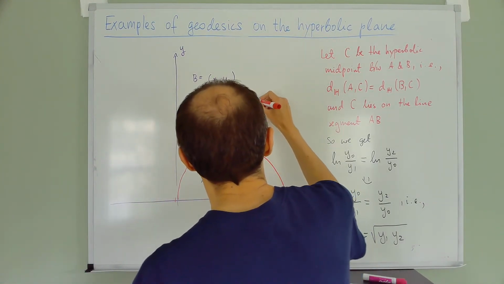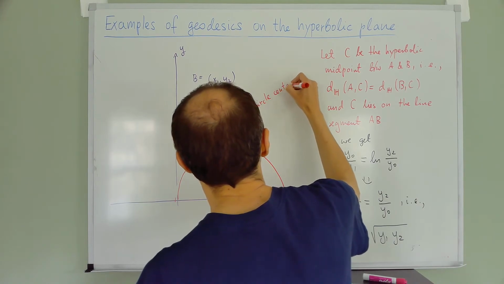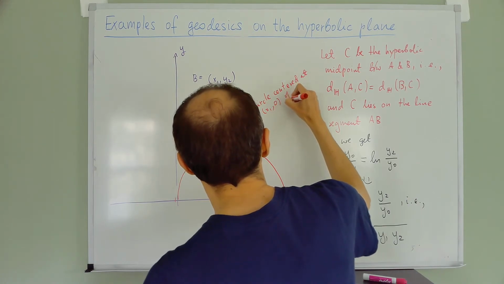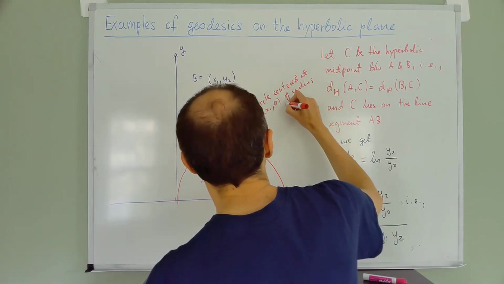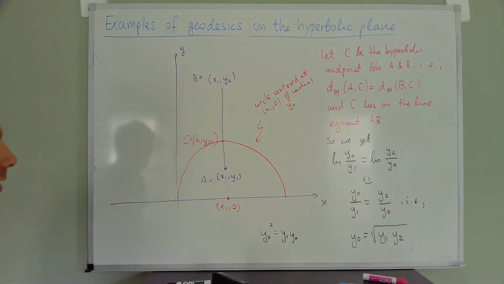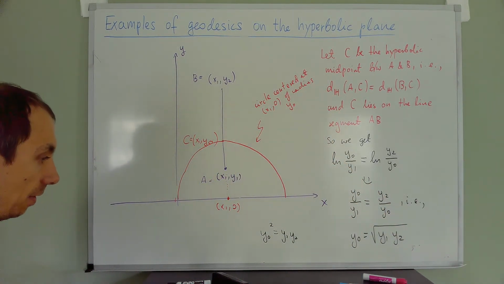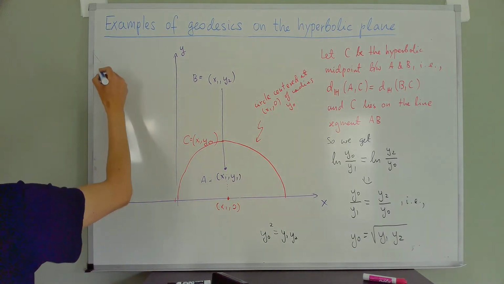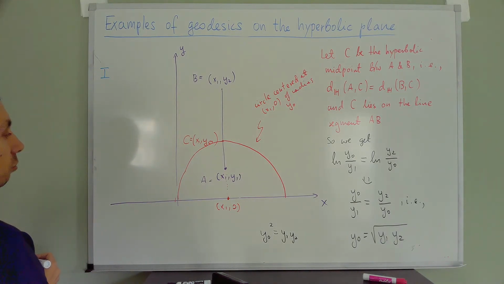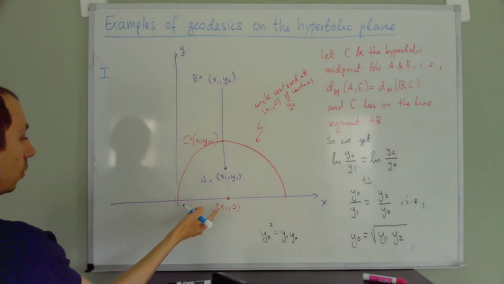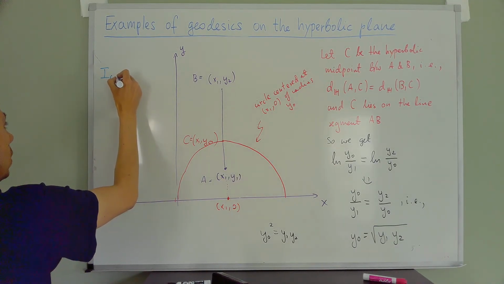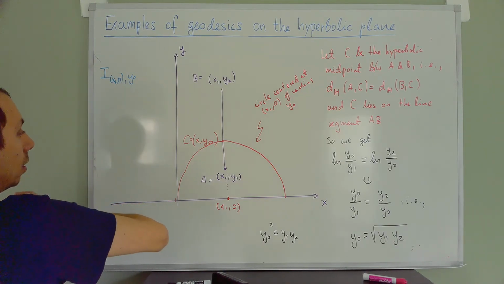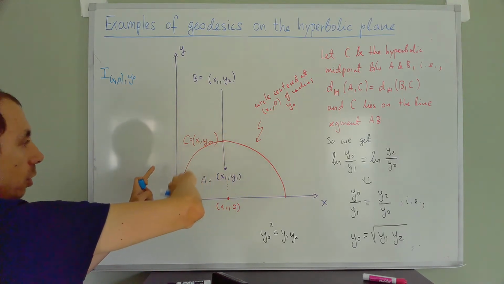This is the circle centered at x1, 0 of radius y0. What if I considered just a Euclidean inversion with respect to that point, x1, 0, and radius y0? So that would be then the circle of that inversion.